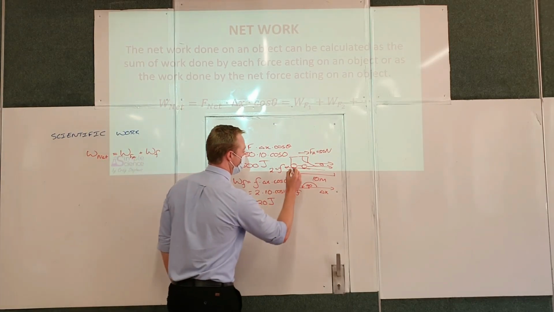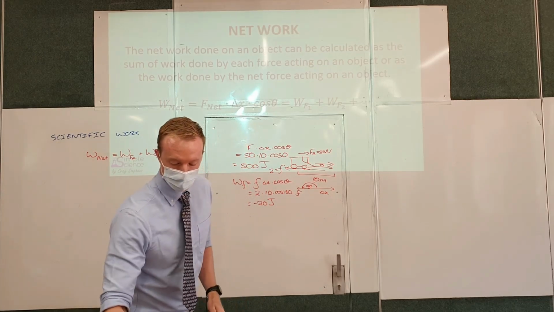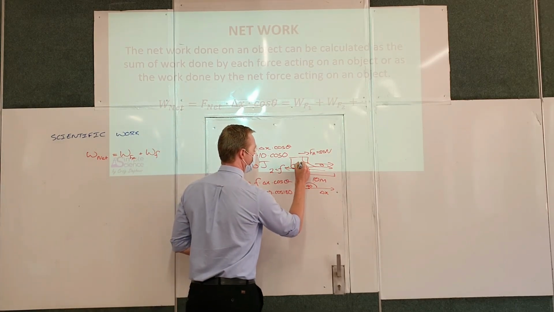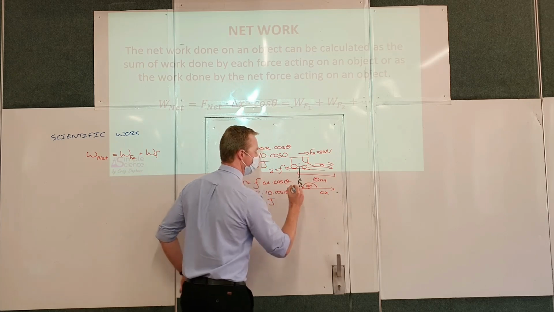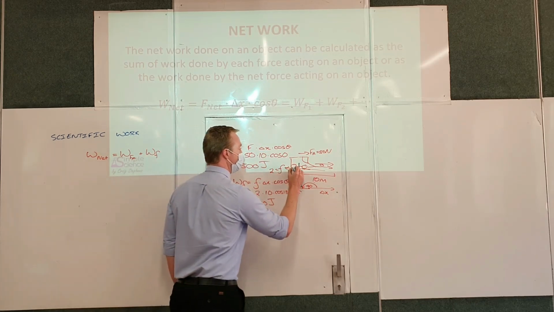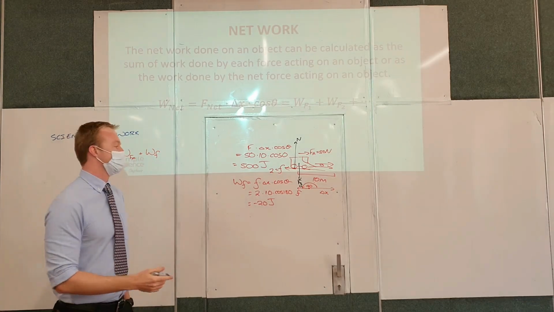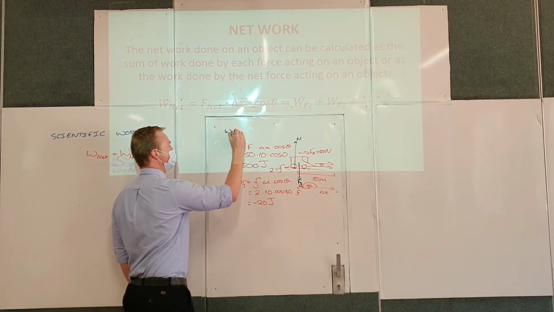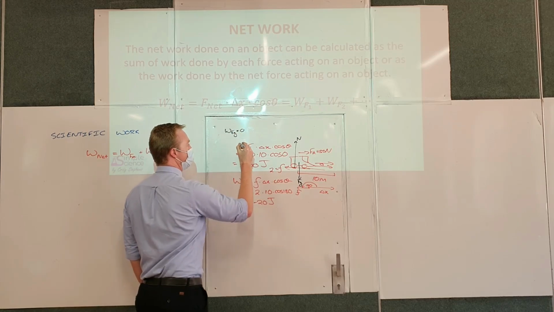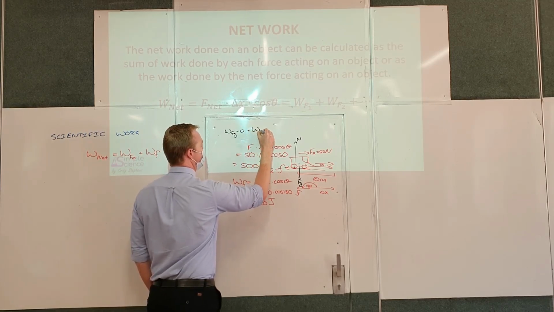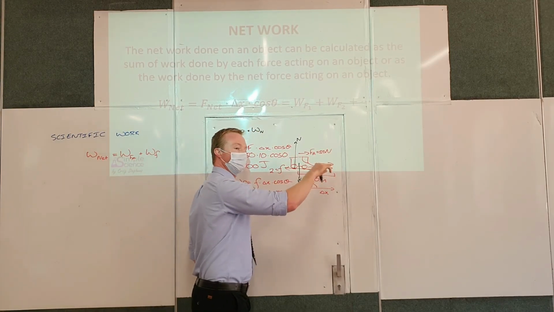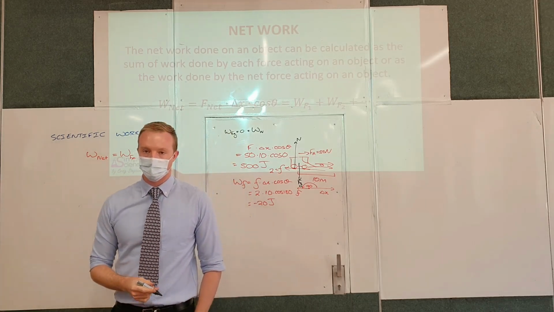This is also keeping in mind that there are, strictly speaking, four forces acting on this object. There is a force of gravity acting downward on the object. There is a normal force acting upward. But the work done by both of those forces is zero. The reason for that is that the force is acting downward and the motion is to the right, so they're perpendicular to each other.